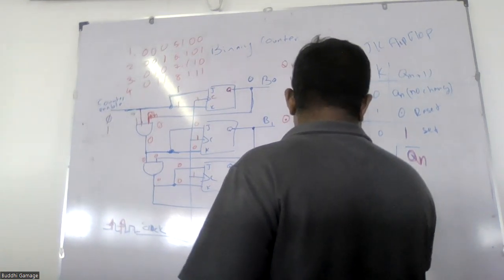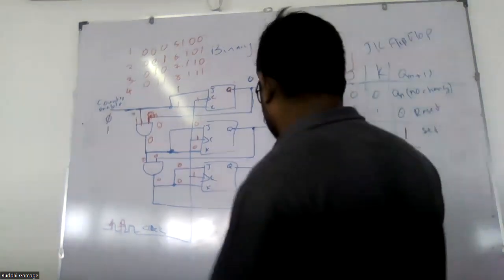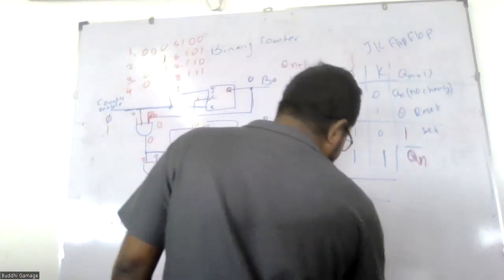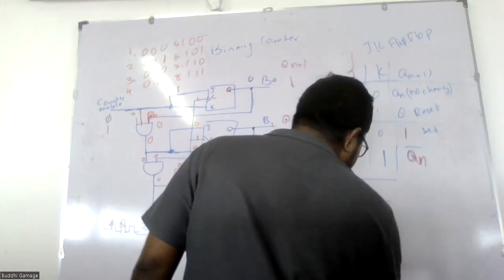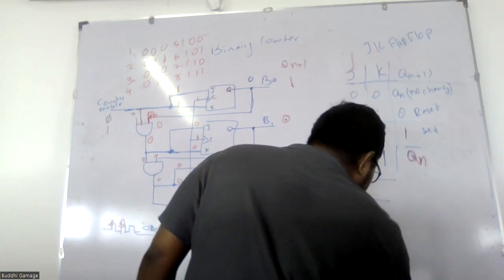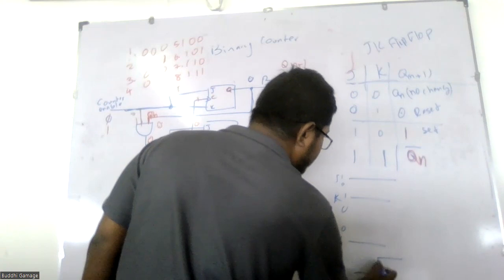So 1 0, this K 1 0. So both J and K were high, and our Q is low when the first edge rising happens.